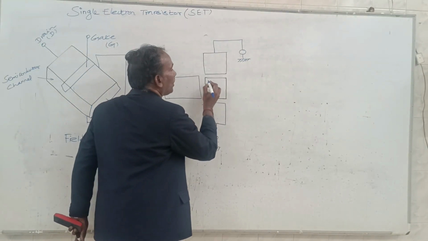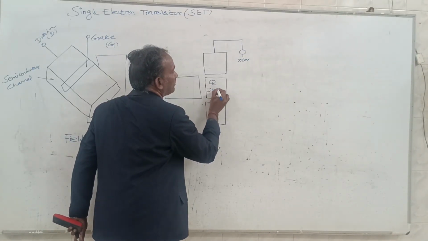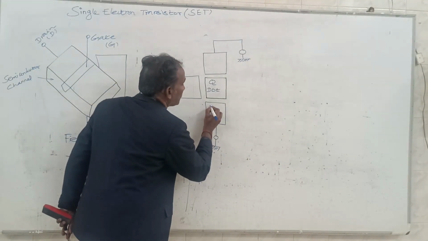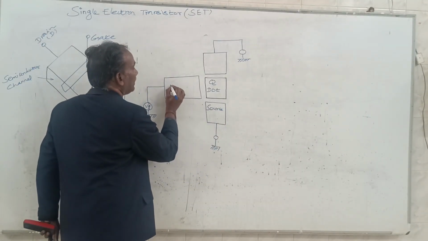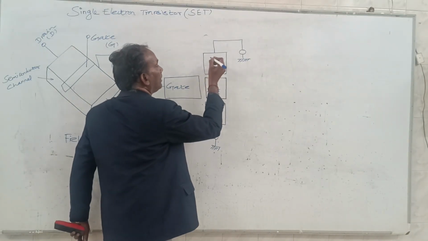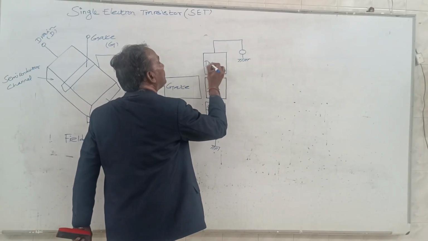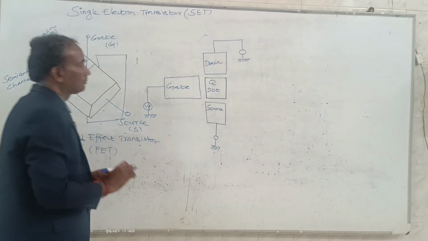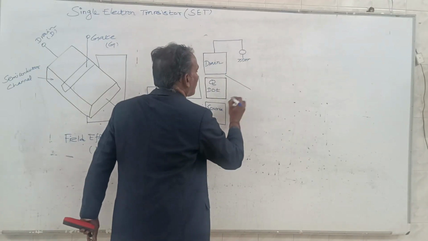This is the quantum dot, Q dot, also called an island. This one is the source, this one is the gate, and the third one is the drain.